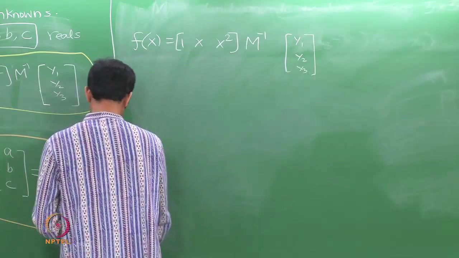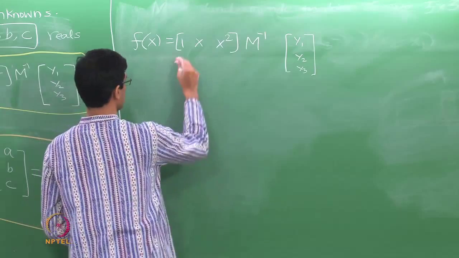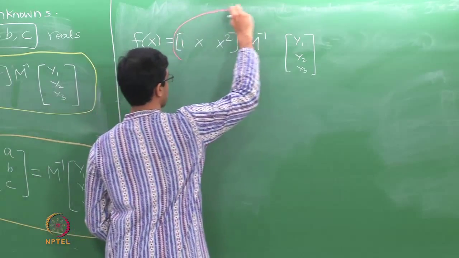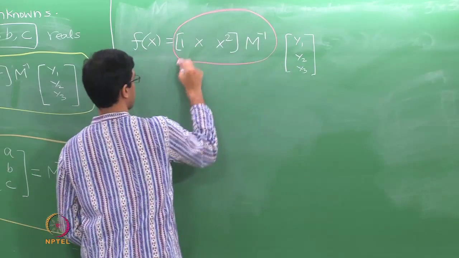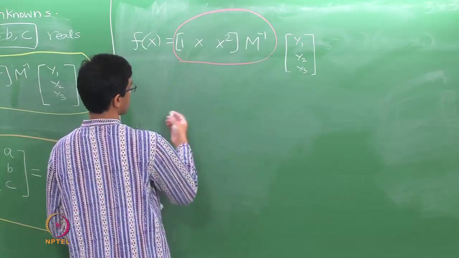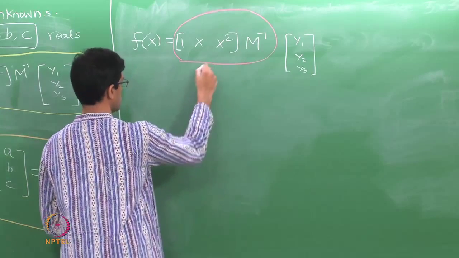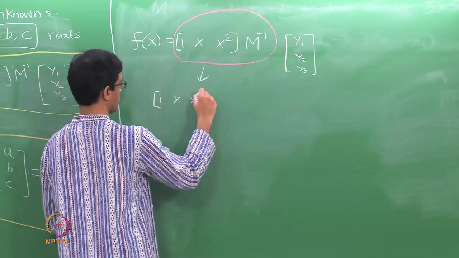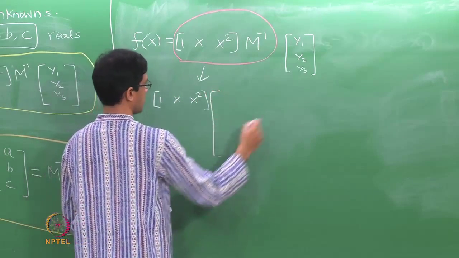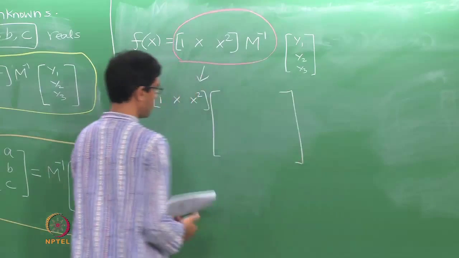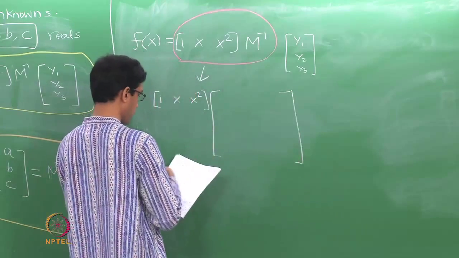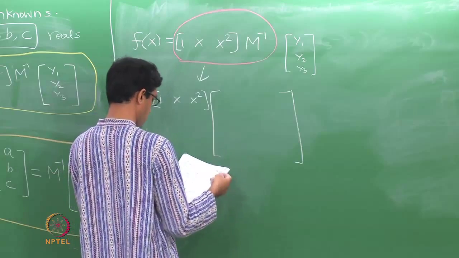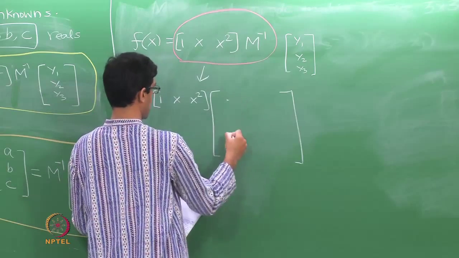Let's first multiply the row vector 1, x, x squared with the 3 cross 3 matrix M inverse. So this calculation is the following. It's 1, x, x squared times, well, I just wrote out the entries of M inverse. So after simplifying, after dividing by determinant and so on, you sort of get 3 entries here.